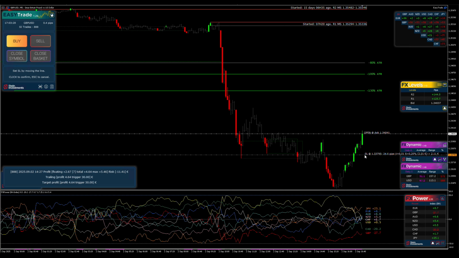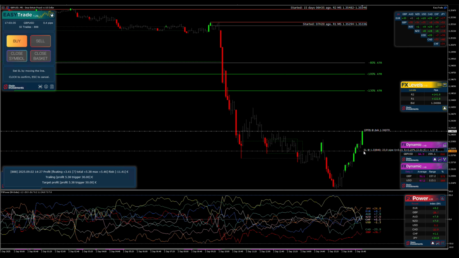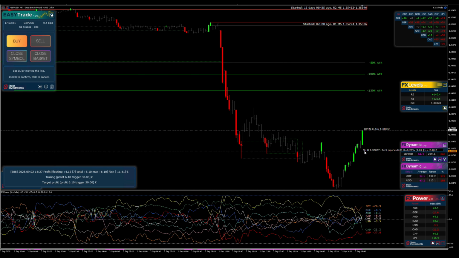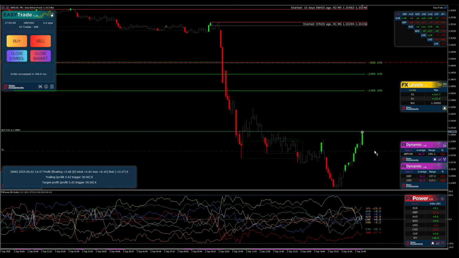But the point is, as you can see, we still have an issue with the very tight risk we are allowed on this trade, and Easy Trade prohibits the trade because the stop loss is more than we are allowed to risk in money. So I will have to go with a tighter stop if I want to trade it, and then maybe go up to the 80% here.